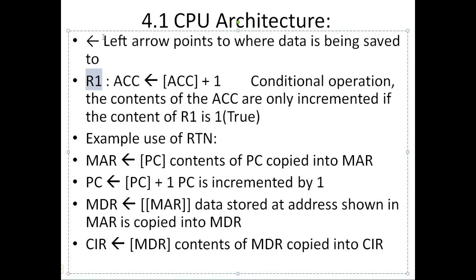For example, let's say this is R1, or register 1. Then we have semicolons, ACC, and then save what value in ACC.